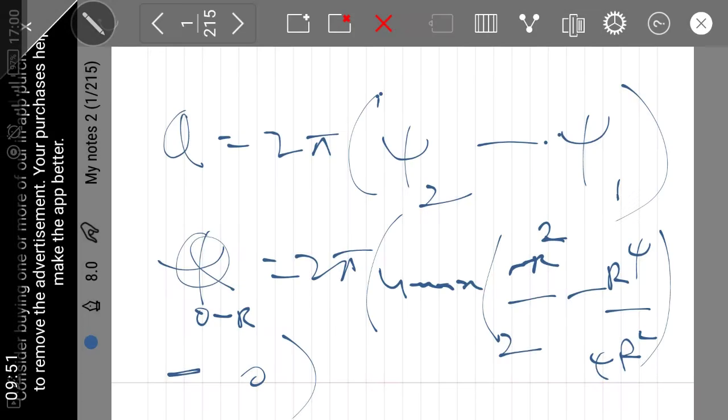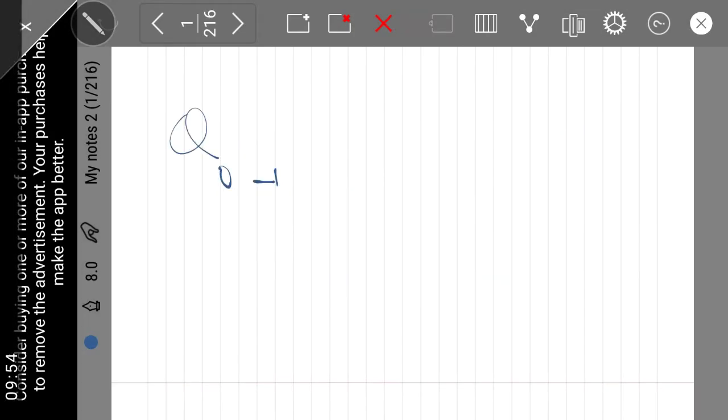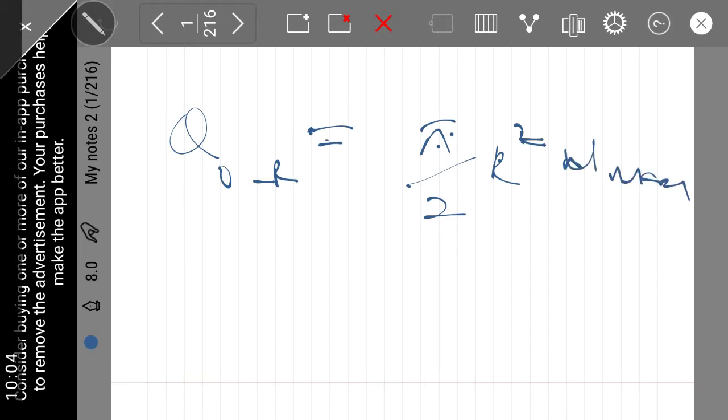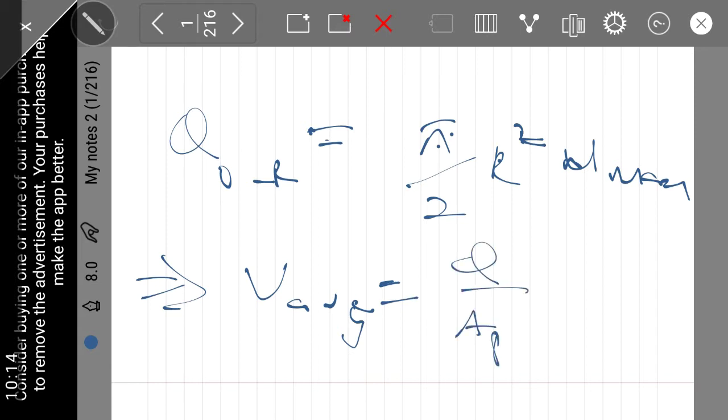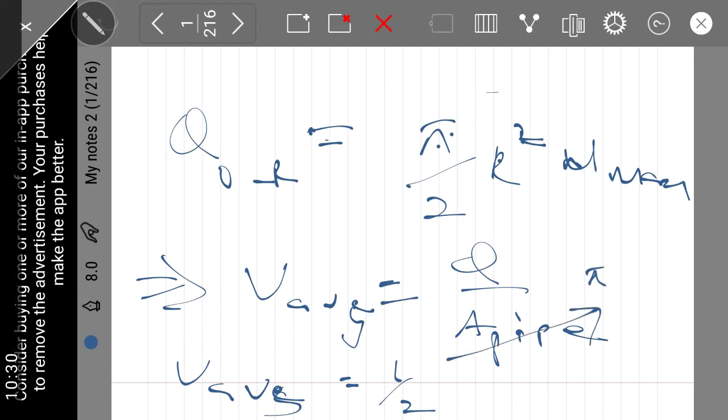Therefore, Q from 0 to the radius is equal to pi over 2 R squared Umax. This implies that the average velocity V average is equal to Q over the cross-sectional area of the pipe, which is pi R squared. If you put everything here, we are going to have half Umax.